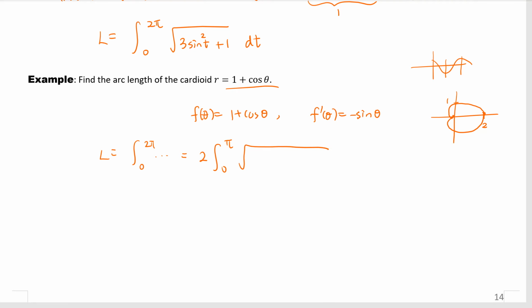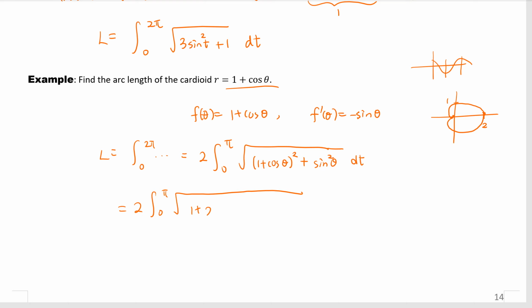Now let's see. We have f squared, so (1 plus cosine theta) squared, plus f prime squared, which is (sine theta) squared. Let's distribute it, multiply out.